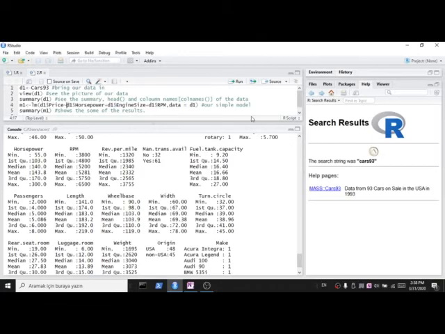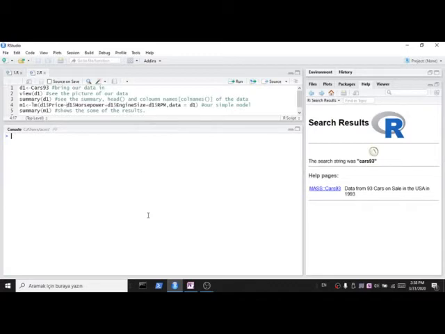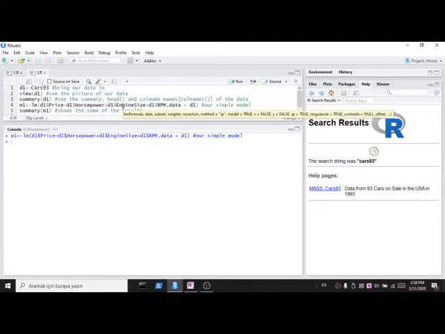So let's clear the screen with Ctrl L, and let's run this model.